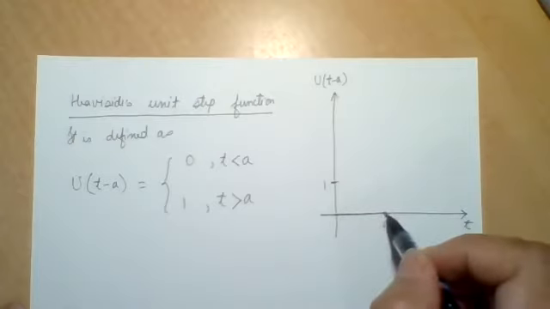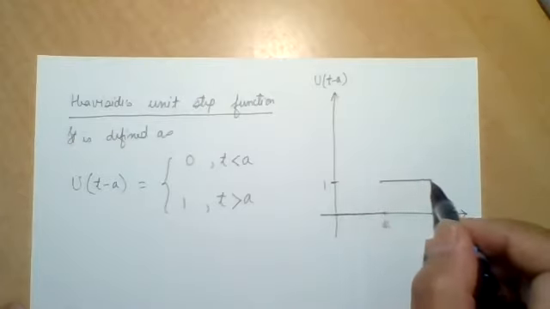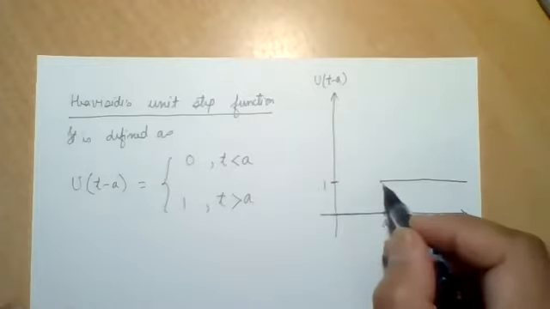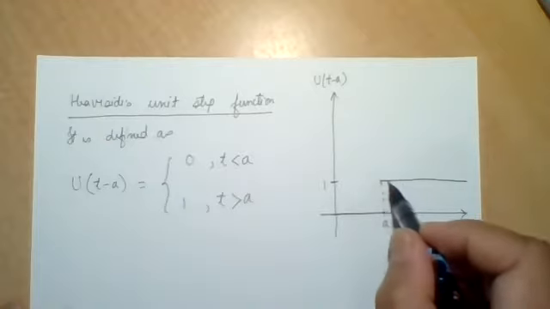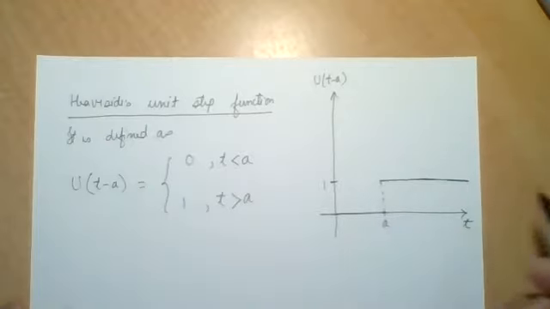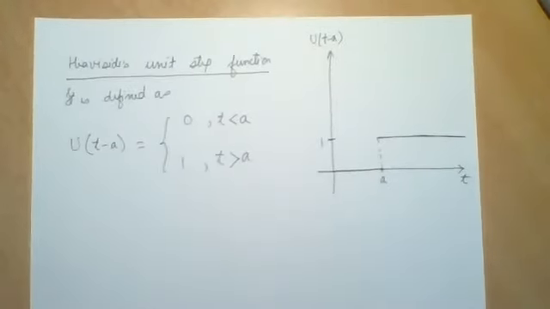And then at t equal to a, it suddenly jumps to the value 1, and its value continues to be 1 thereafter. So this is the Heaviside unit step function.